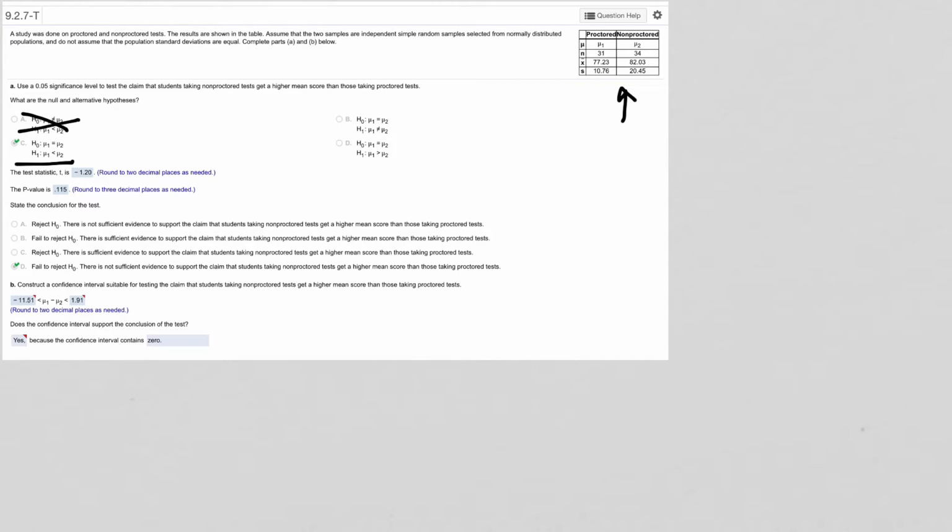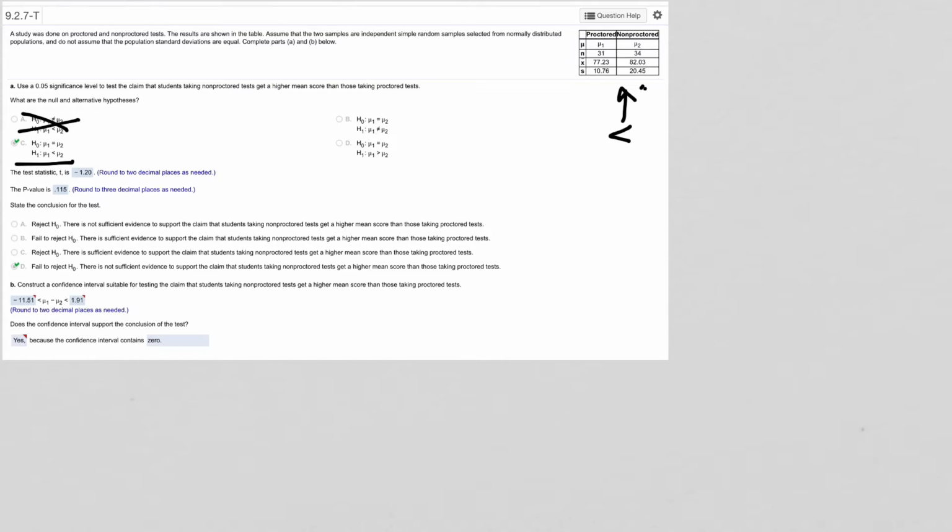Let's see. How do we know that this is... Oh, I see. So use a 0.05 significance level to test the claim that students taking non-proctored tests get a higher mean score than those taking proctored tests. Okay, so that would mean that the non-proctored scores were higher, so we think that the mean for that is greater than the mean for the proctored tests, so it's actually going to be a less than statement in the alternative hypothesis.